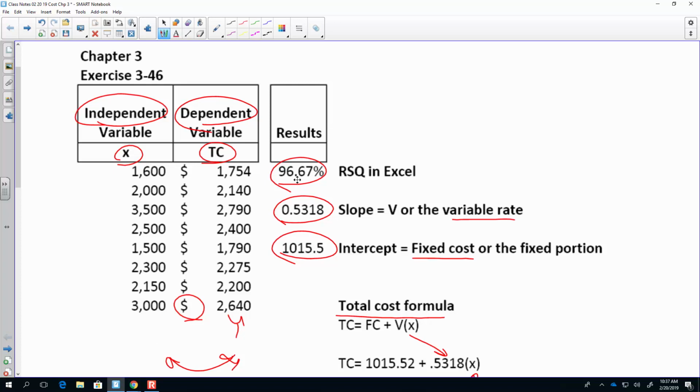Let's look at 46. I don't think it is 46 now that you mention it. No, this is a totally different problem. So this doesn't represent any problem in the book. I just made these numbers up from an old textbook.